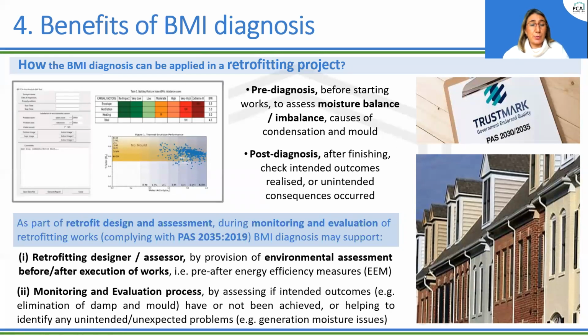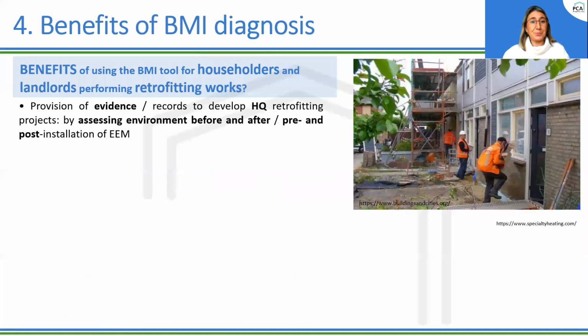And then it can support as well the monitoring and evaluation process by assessing if the intended outcomes, like for example, elimination of damp and mold, have been achieved, or it can help to identify if any unintended consequences have been raised after the retrofitting projects, like generation of moisture.